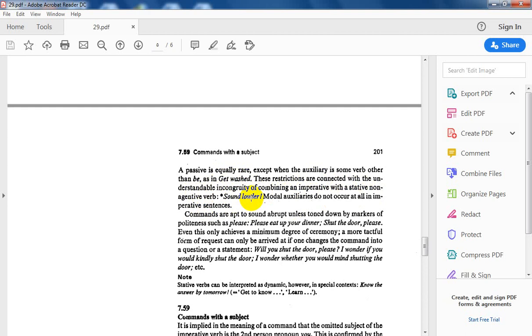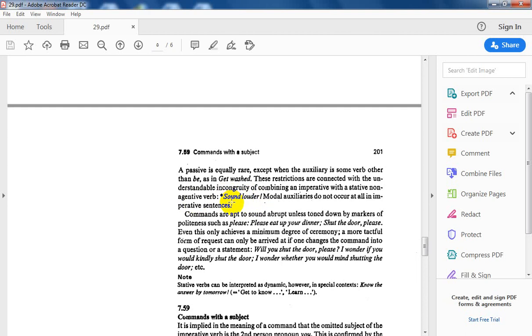"Sound loud." What does stative non-agentive mean? Non-agentive means there is no doer of the action. They are stative. "Sound louder" is not grammatical because there is no agent.